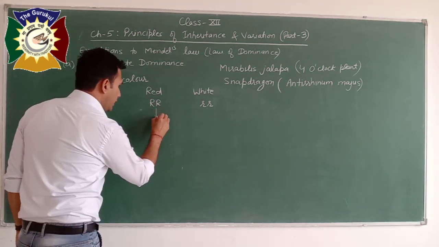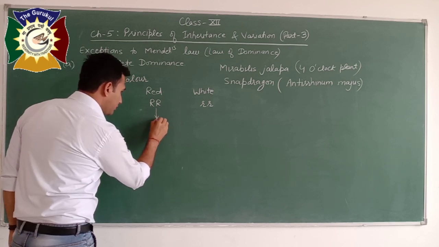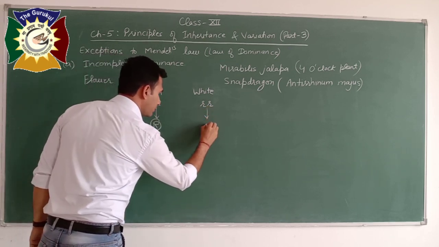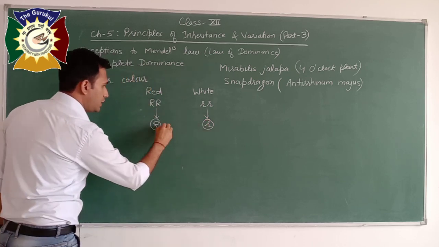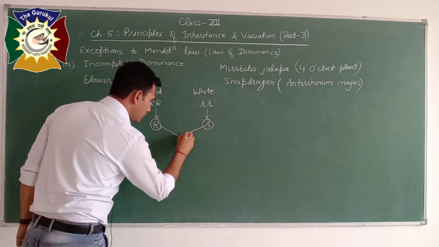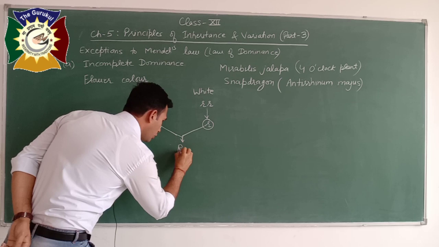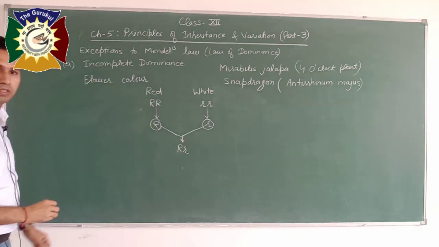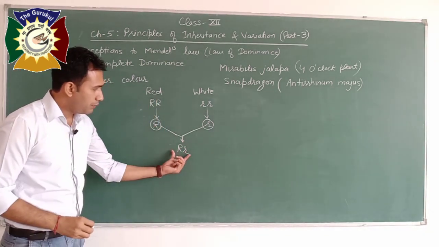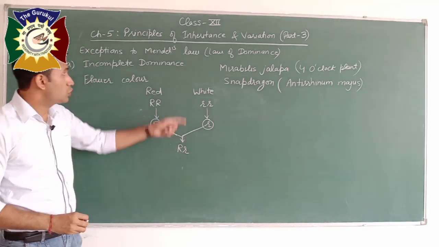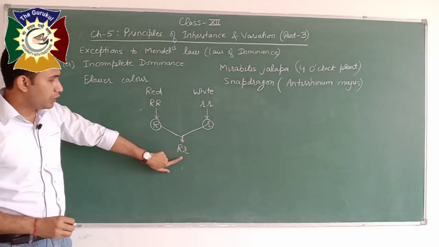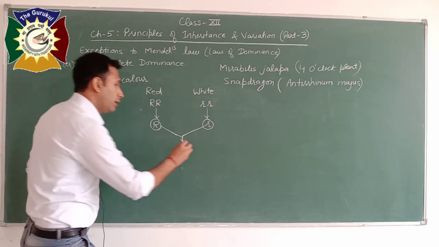So when in the F1 generation these gametes fuse, the genotype will be capital R, small r. So instead of having red color because of the law of dominance, it will not have red color, it will show pink color.